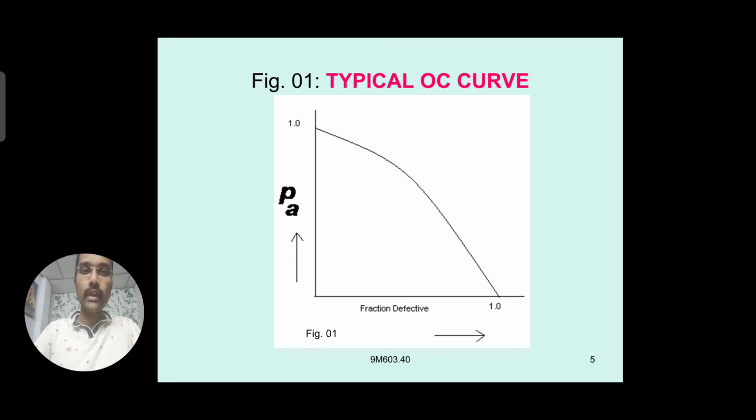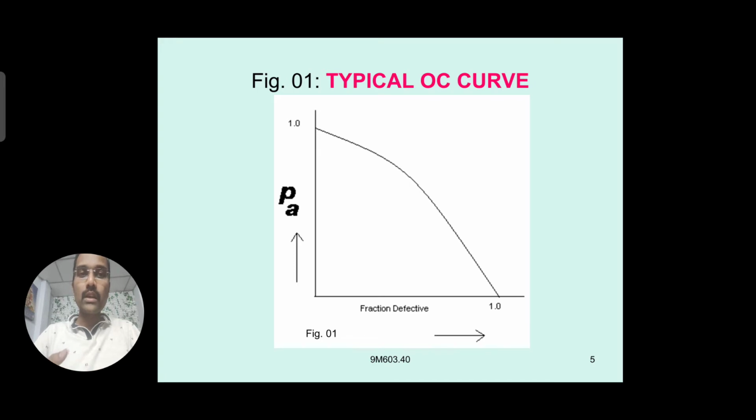Looking at this graph, for example, if the fraction defective is 0 at the origin point, it means the defective parts identified in a particular lot are 0, then the probability of acceptance is 1. So the chances of acceptance are high.